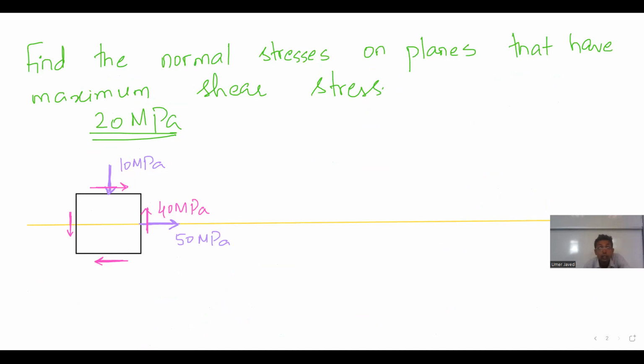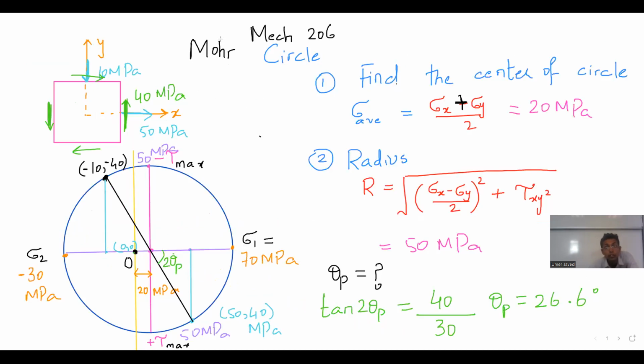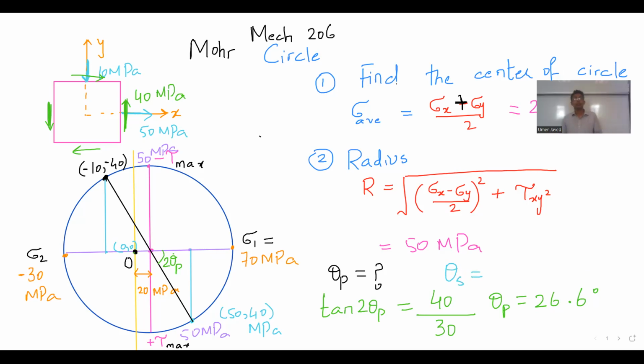Now you can just draw a few lines. So the first question that I can ask all of you is, what is the value of theta s just by looking at the drawing? Mohr circle. Anyone?